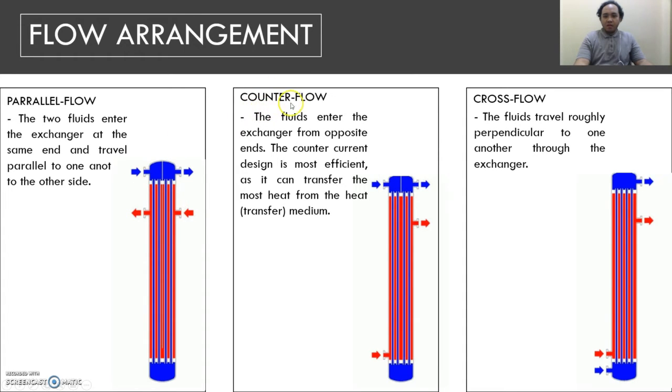Next, we are going to see the counterflow. Counterflow is where fluids enter the exchanger from opposite ends. As you can see, this is the first inlet and the first outlet, and this is the second inlet and this is the second outlet. The first is basically the same, but the second fluid enters differently. It travels from below and goes to the top.